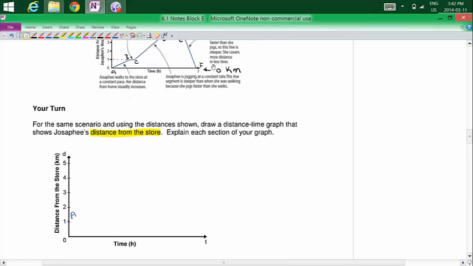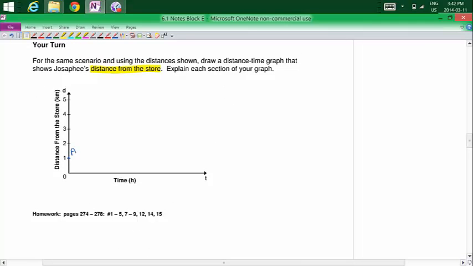So when she starts out 1 kilometer away from the store, I'd mark that with a point at 1 and A for our starting point. Now she's walking towards the store, so she gets closer and closer to the store.